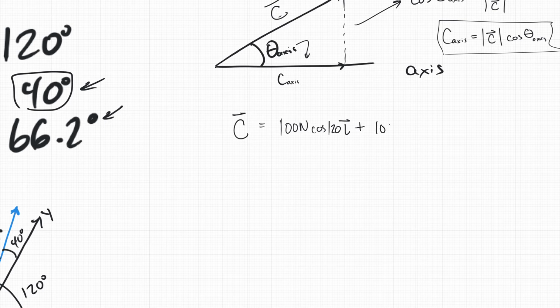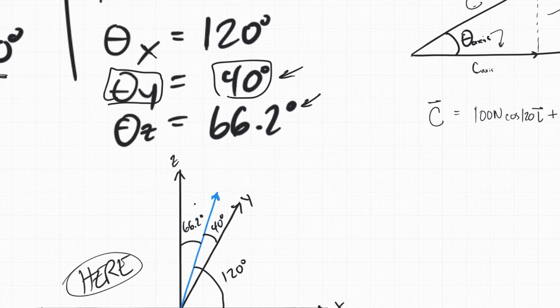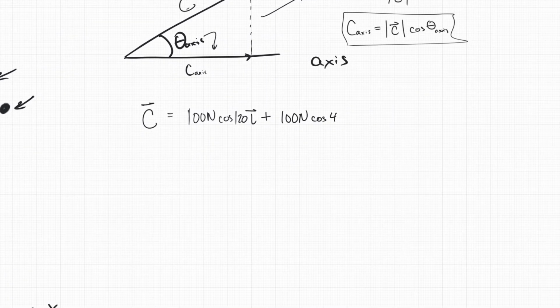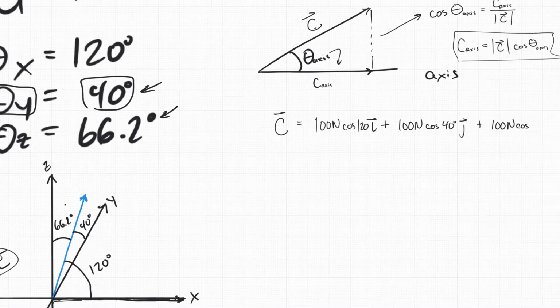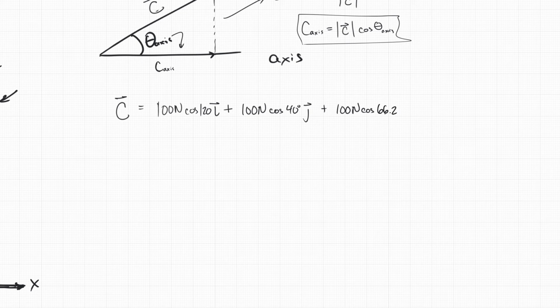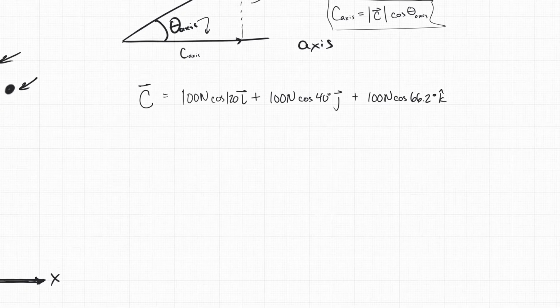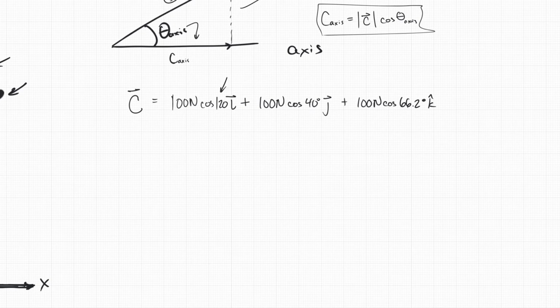Plus 100 newtons times the cosine of theta y, 40, and that's in the j direction, plus 100 newtons times the cosine of 66.2 degrees, k. Now I put pluses on these, and the pluses will take care of themselves. Because this one's going to give me a negative number, because that number is greater than 90.